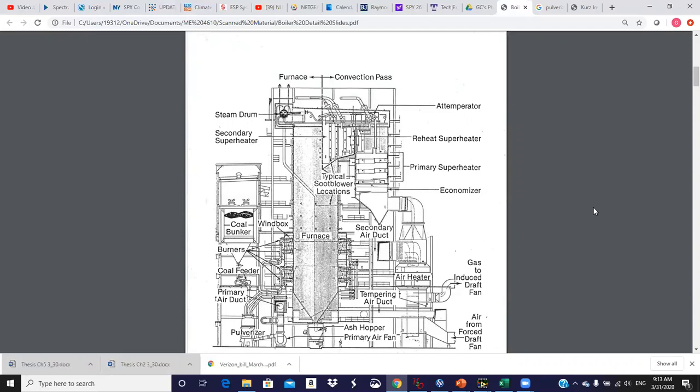And then the flue gases are basically sucked out of the boiler by the ID, or induced draft, fan, which either draws them or blows them through the rest of the gas cleanup equipment before they are dismissed to the atmosphere.